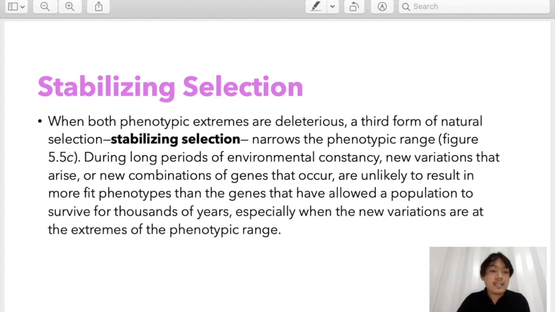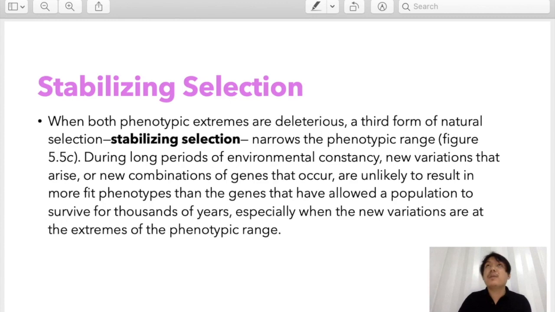And lastly, we have stabilizing selection. When both phenotypic extremes are deleterious, a third form of natural selection is stabilizing selection, which narrows the phenotypic range.